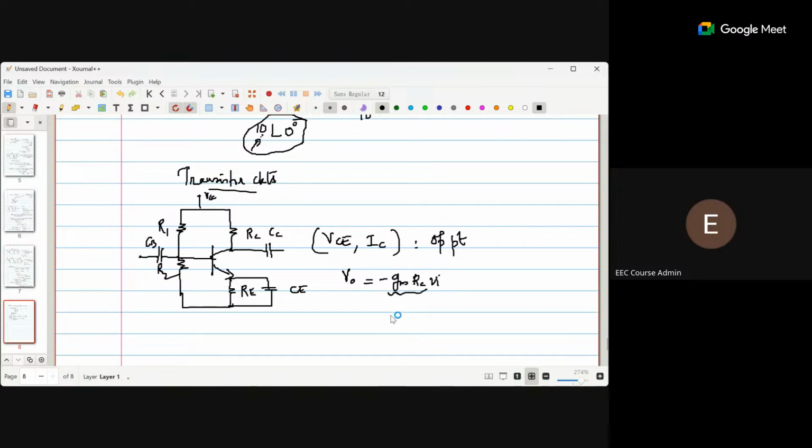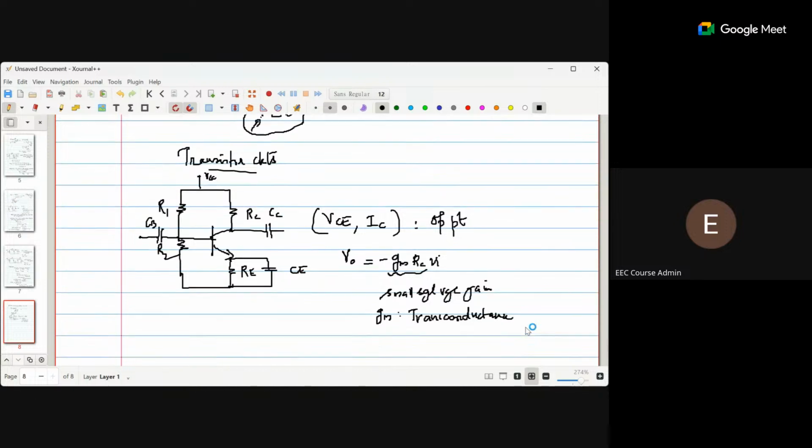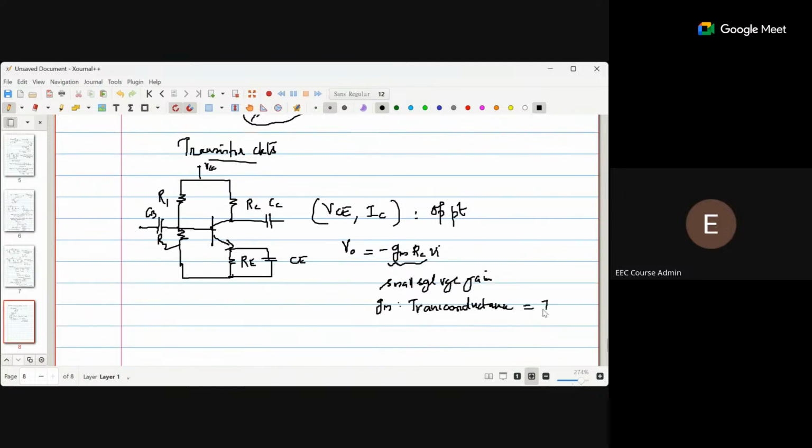So this is your small signal voltage gain. GM is transconductance, which is IC by VT. VT will be approximately 25 millivolts.